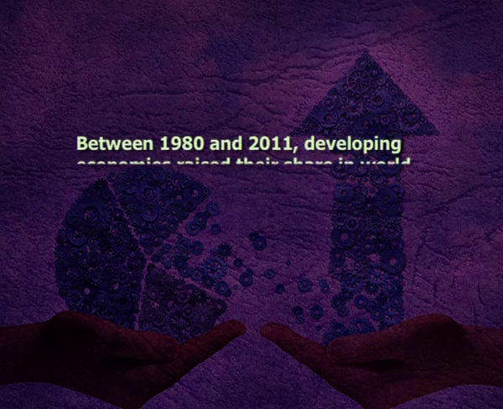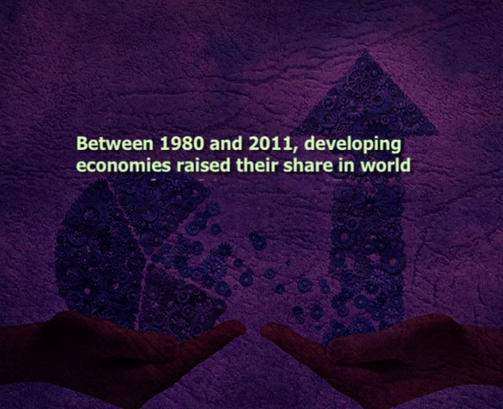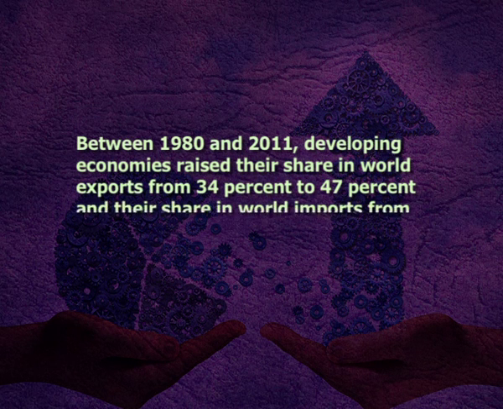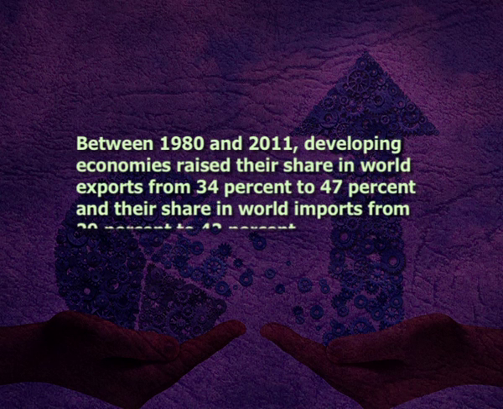Between 1980 and 2011, developing economies raised their share in world exports from 34% to 47% and their share in world imports from 29% to 42%. Asia is playing an increasing role in world trade. This is attributed to increasing incomes, expansion of markets, increasing manufacturing capacity of the developing countries, and a slowdown in the economic growth of the developed world.